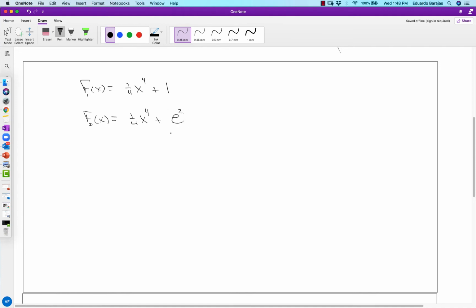Remember, e squared is just some constant. It's not a variable. And the derivative of that will still be 0. Another one that will work, F sub 3, would be 1/4 x to the 4th. It could also be a minus, minus pi to the power of 3, pi cubed. Again, the derivative of this is just going to be 0, so it still works.